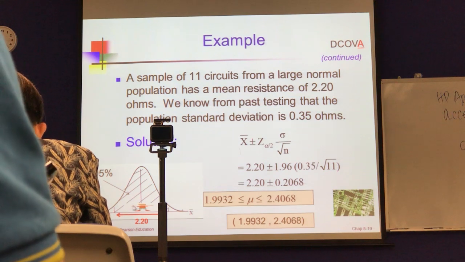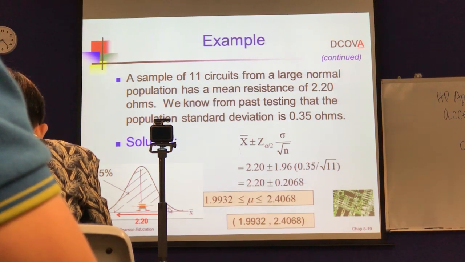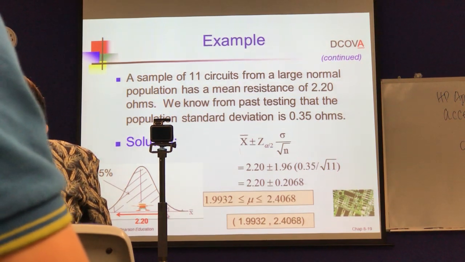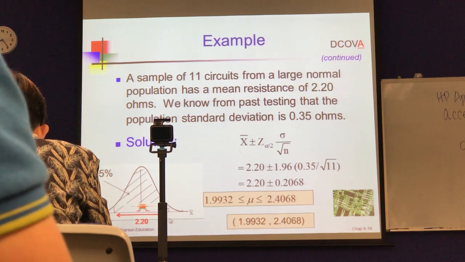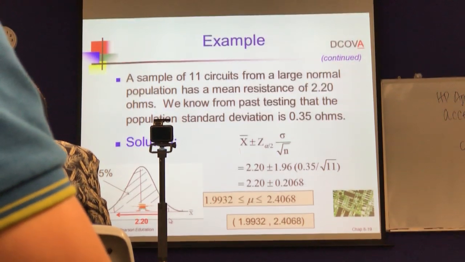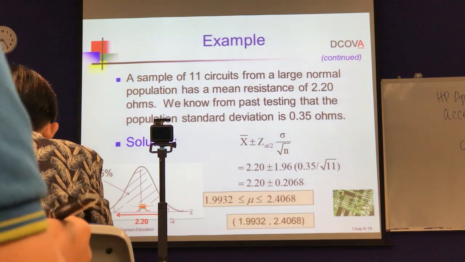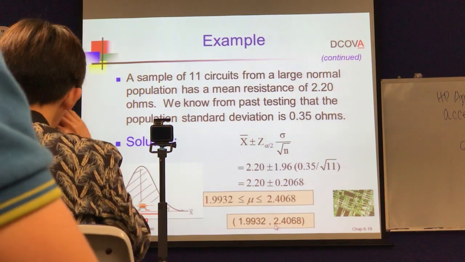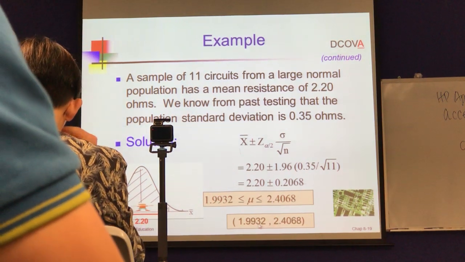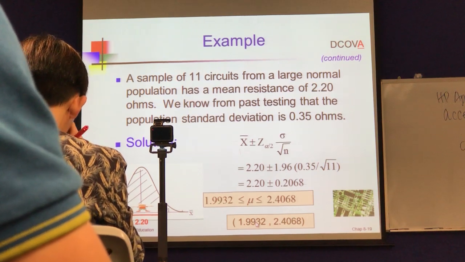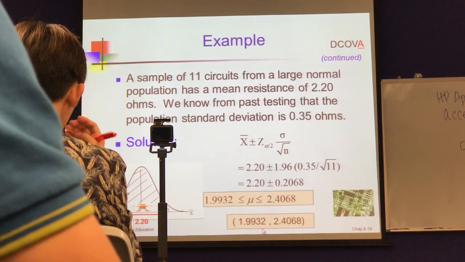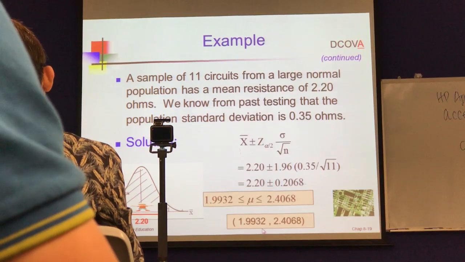The upper limit is arm stretched out, maximum arm length, 2.4068. Then you can also write it in this manner. But which one is preferred, the first one or the second one? Okay, let's try this one here.